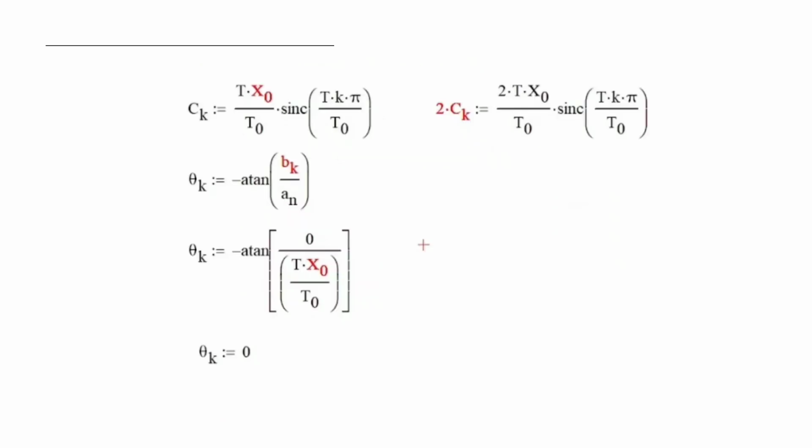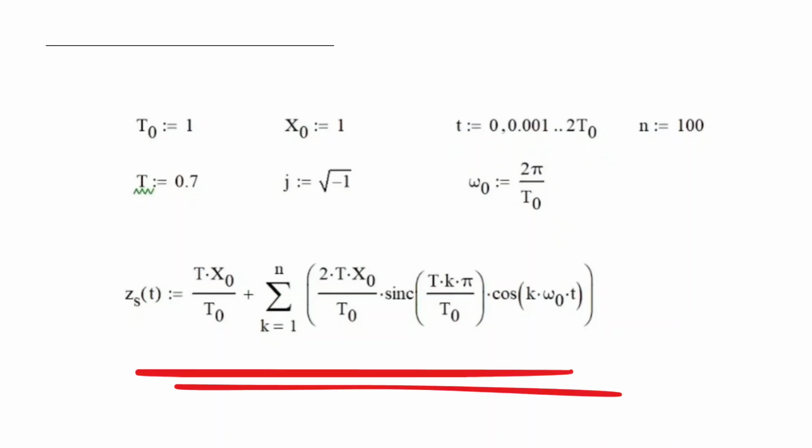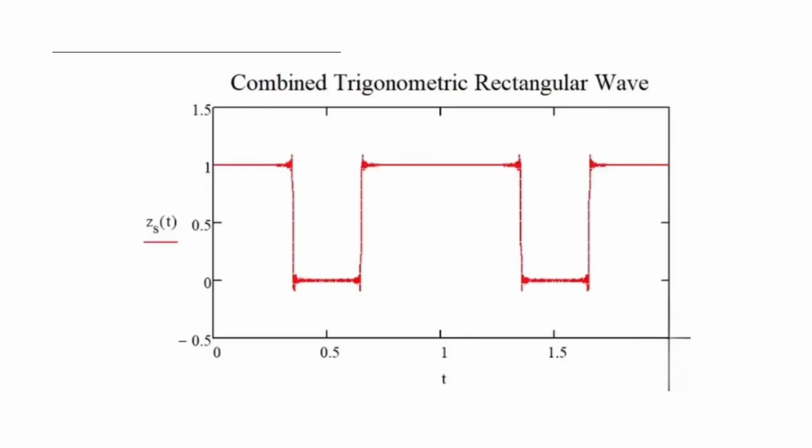Now, solving for theta k, it equals negative arctan of b sub k over a sub k. Since b sub k equals 0, the angle is 0. Now this is the final derived formula using the combined trigonometric series, and same with the other rectangular formulas, we use some substitution of important values, and this is the derived waveform.